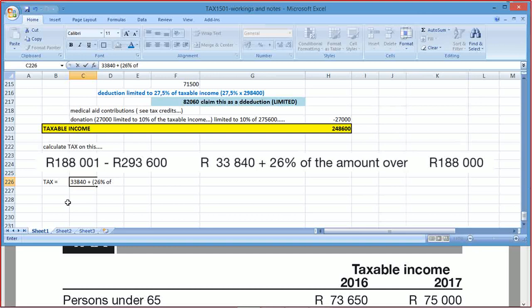181,001. No, not 181. That's the range. 33,840. Okay, plus 26% of the amount exceeding 181,000. So 248,600 minus 181,000.